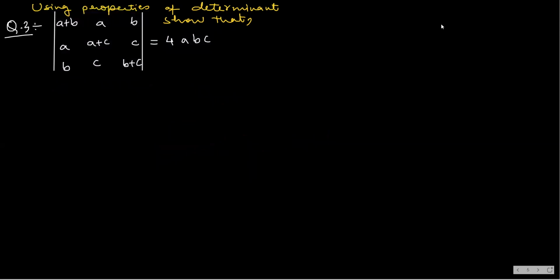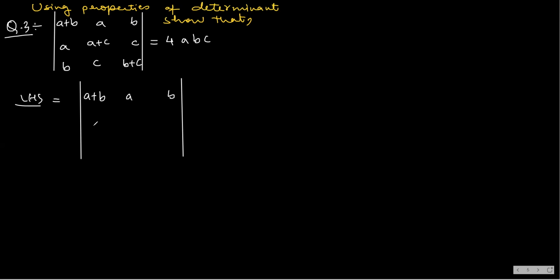So what I will do, I understand that this I can solve very easily. So students, I have to prove LHS equal to RHS. I have to solve this and get the value 4abc. So I will start with LHS. In LHS, I have the determinant, and what is that? It is a plus b, a, b.